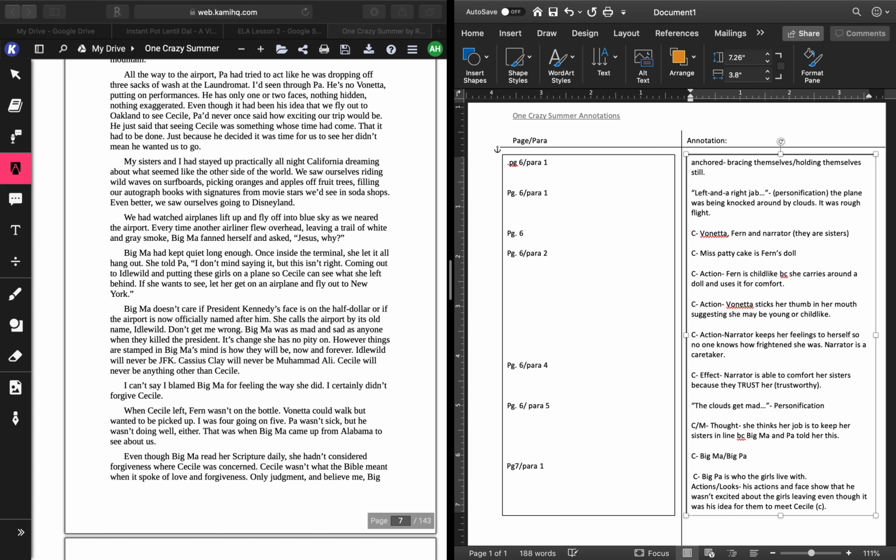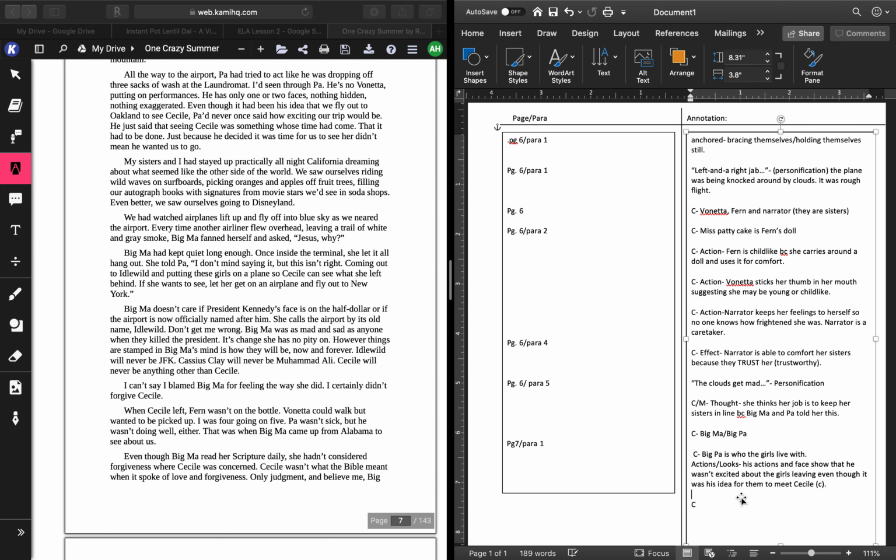So we also learn about Vonetta. Let's go ahead and learn about Vonetta and her actions. We are told that she likes to put on performances. This suggests that she likes attention.